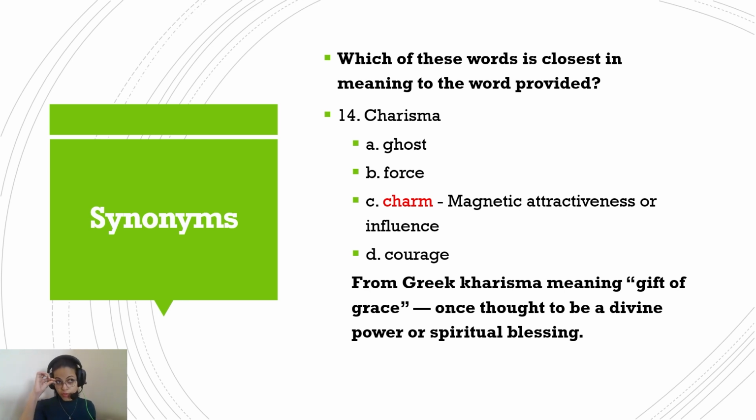So these are all charismatic leaders. They have a magnetic attractiveness or influence in their personality. It comes from the Greek word charisma, meaning gift of grace, once thought to be a divine power or spiritual blessing. So charisma, from the spelling itself, you can see charm. Somebody's influence or charm, charisma.